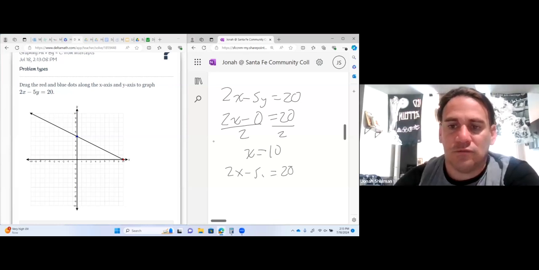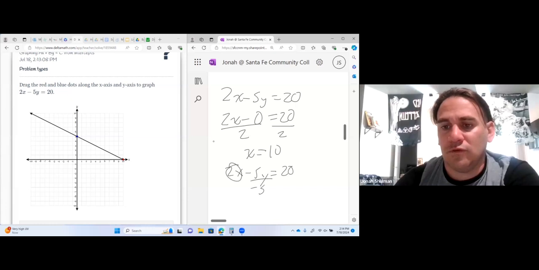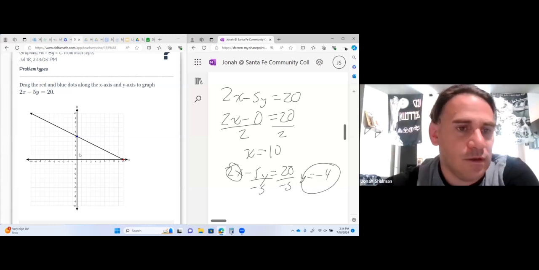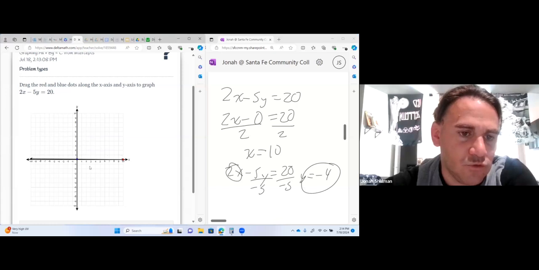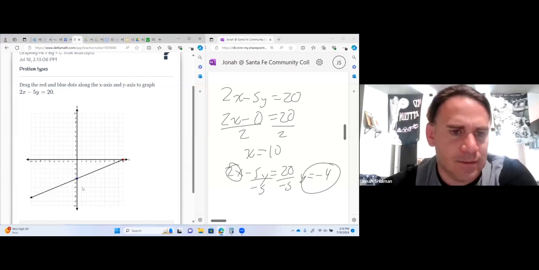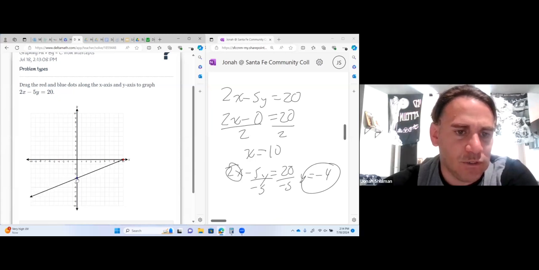This is 0, so this just goes away. Divide by negative 5. y equals negative 4. Here's negative 4. We did it. I just want to make it perfect so it doesn't yell at me.